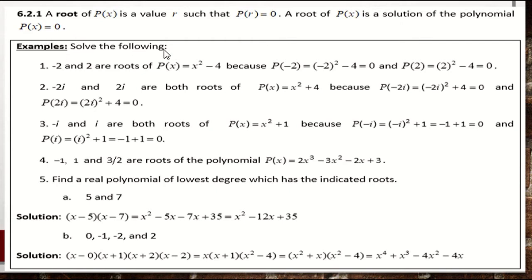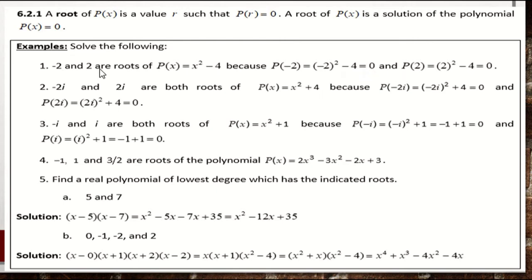Example, solve the following. Negative 2 and 2 are roots of p of x equals x squared minus 4. If we substitute negative 2 for x, we get negative 2 quantity squared minus 4, so negative 2 squared is 4, minus 4 is 0.